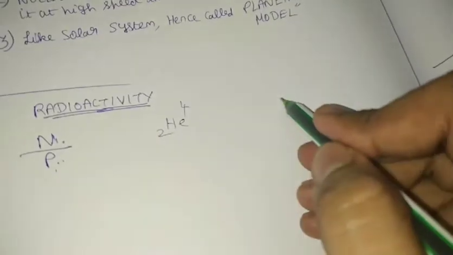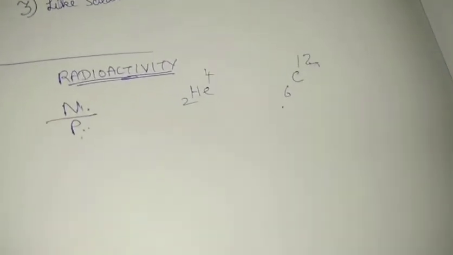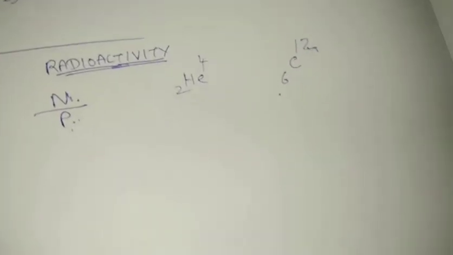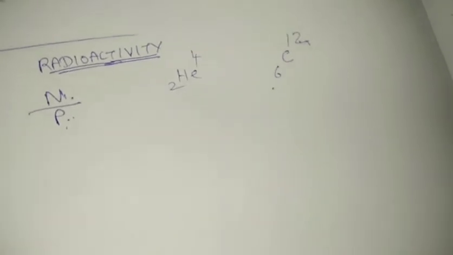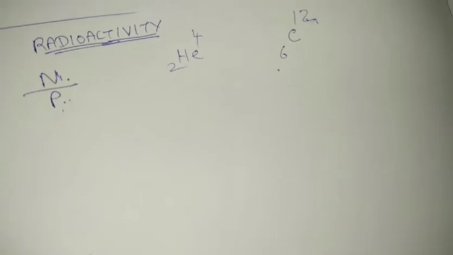And if you take carbon 6 12, 6 protons, 6 neutrons. Up to some elements this neutron proton ratio will be the same. But if this ratio is less than 1 or more than 1, the elements emit radioactive radiations, which can be in the form of alpha rays, beta rays or gamma rays.